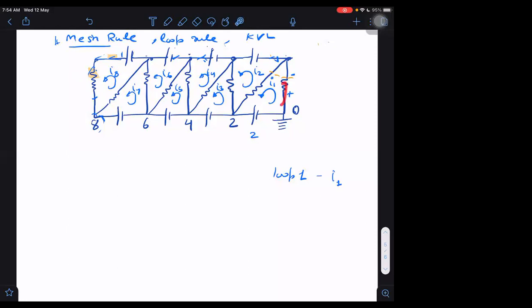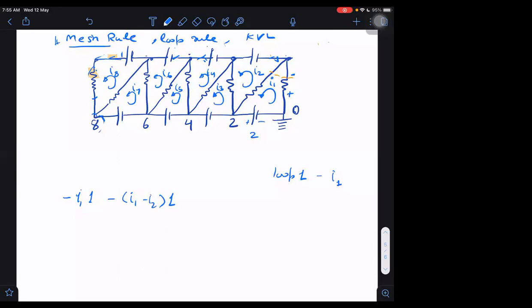I1 into what is the resistance? 1. So I1 into 1. Is it decreasing or not? Yes, it is decreasing. Minus I1 into 1. From here to here it is decreasing, and from here to here decreasing again. Then minus (I1 minus I2) into 1, the current in this diagonal branch, if we are going in the direction of I1. And then going this side, the voltage is also decreasing.